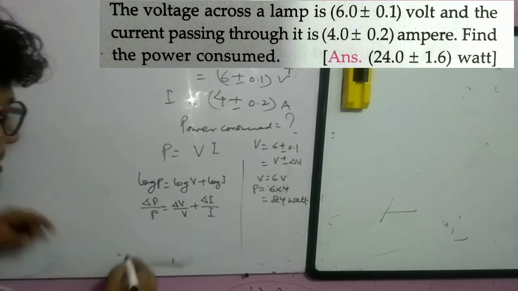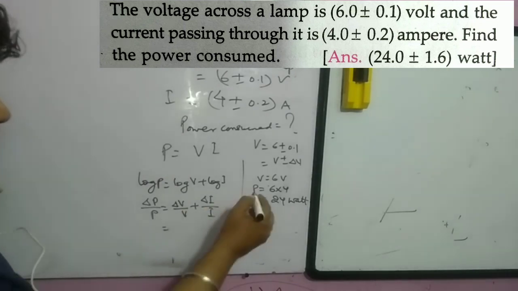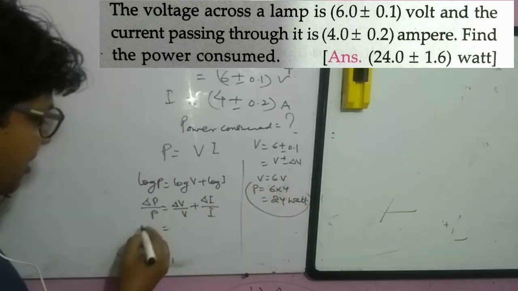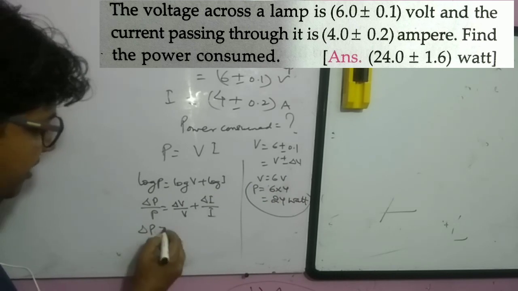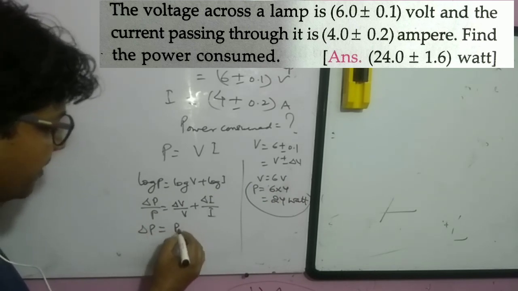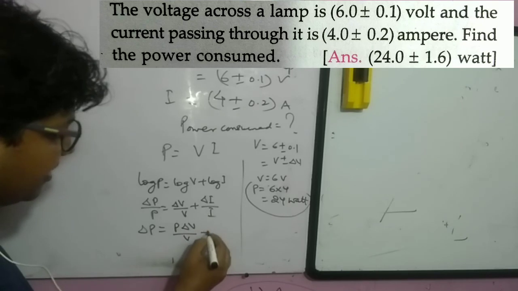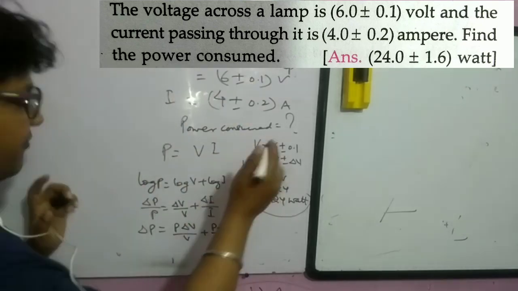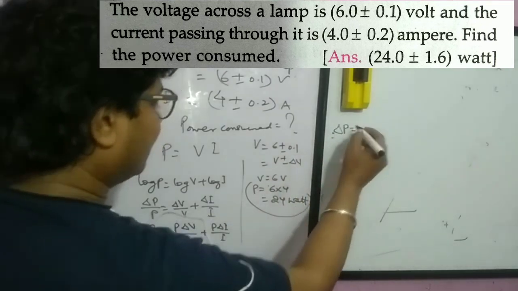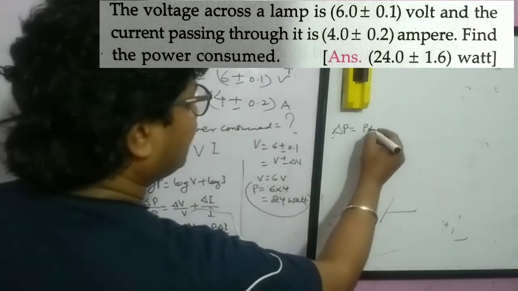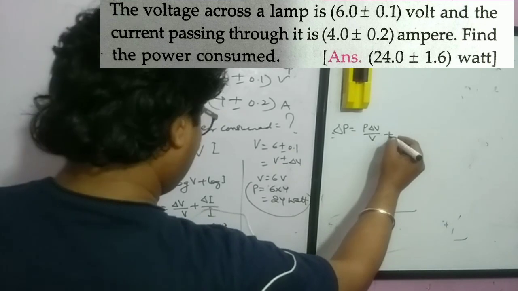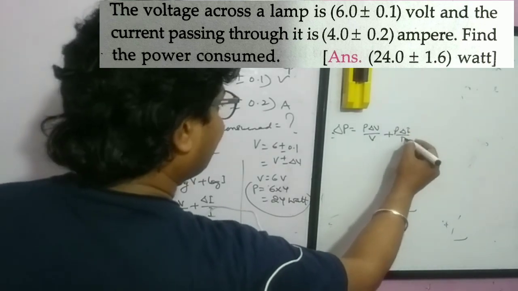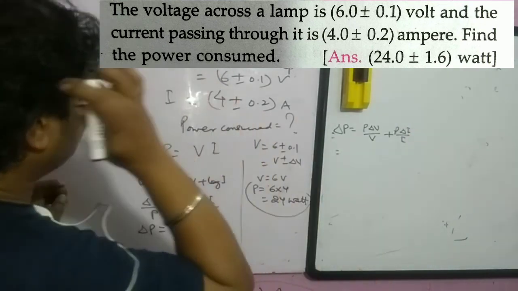Fine. So power you have calculated. Now delta P you have to find out. So delta P will be equal to P delta V by V plus P delta I by I. You are provided with each and everything. So what is P?